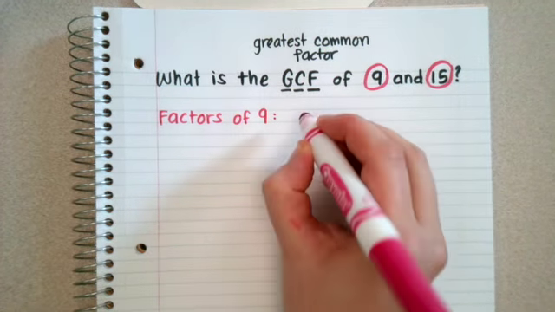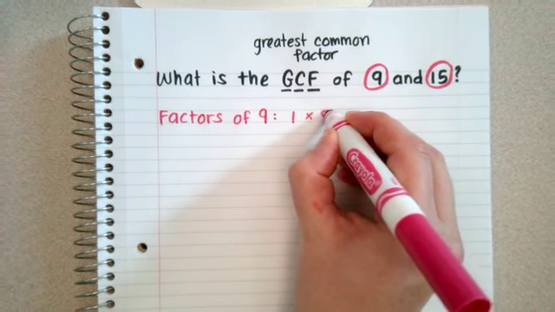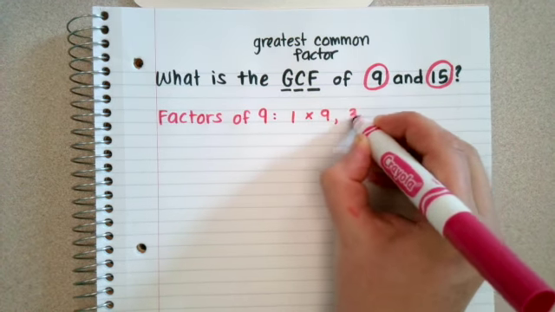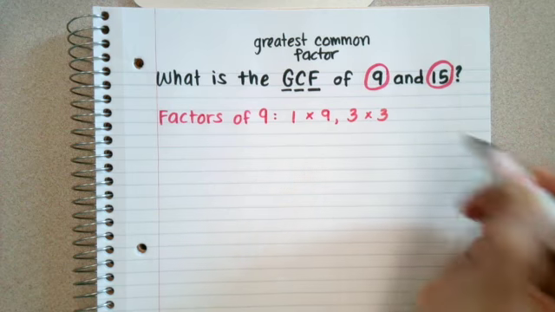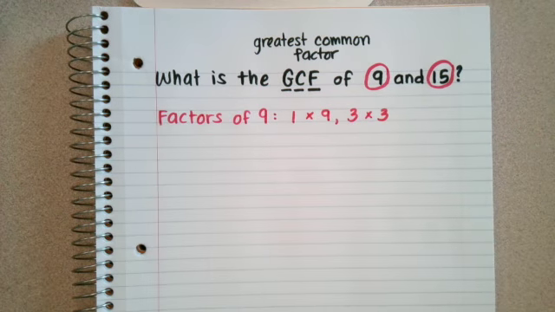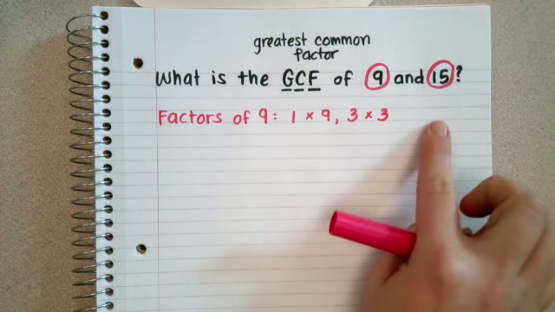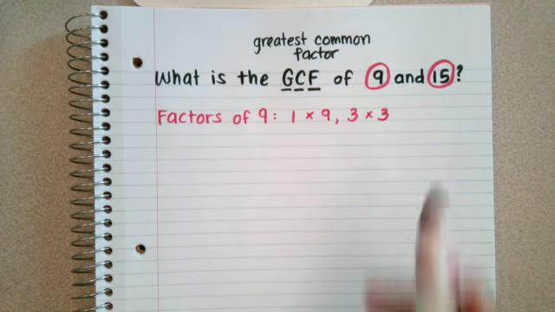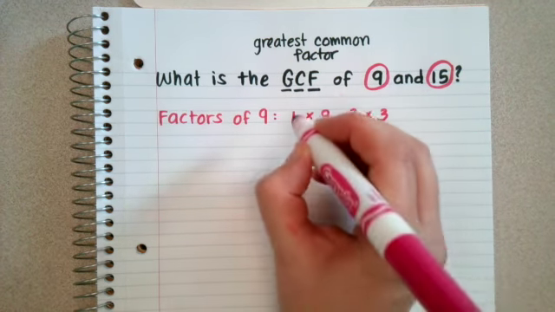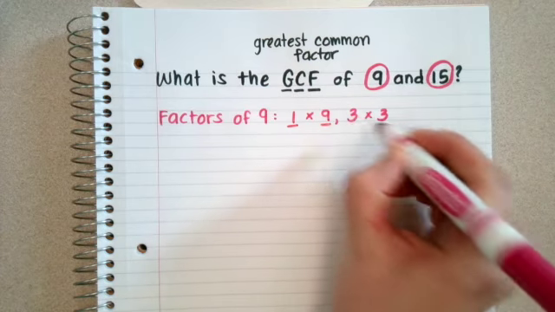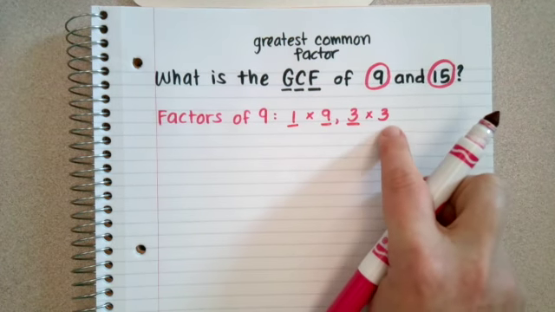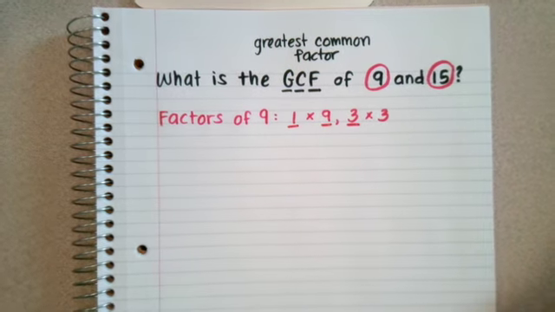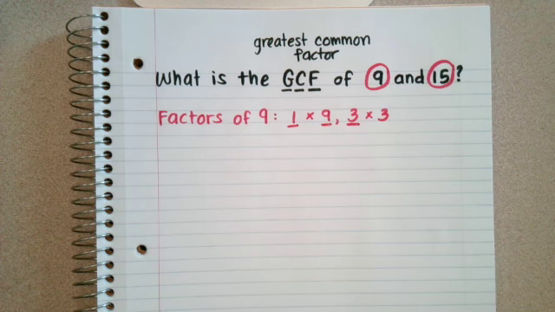The factors of 9 are 1, 9, and 3. There's no other set of numbers that can multiply together to make 9. So the only factors of 9 are 1, 9, and 3. You don't have to count the other 3 because we've already mentioned 3 as one of the factors.